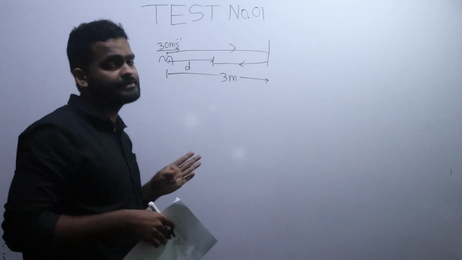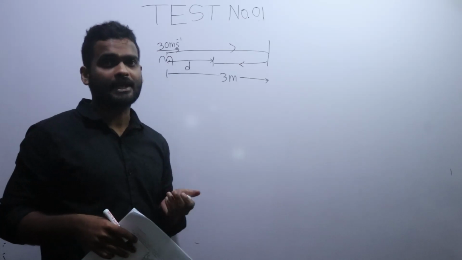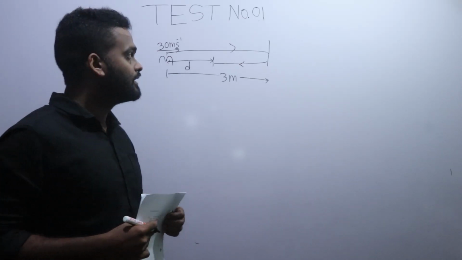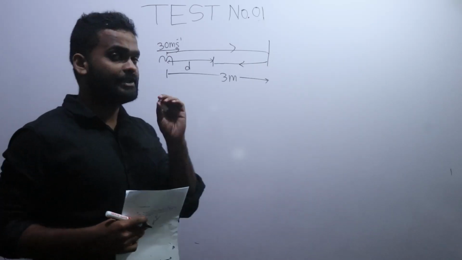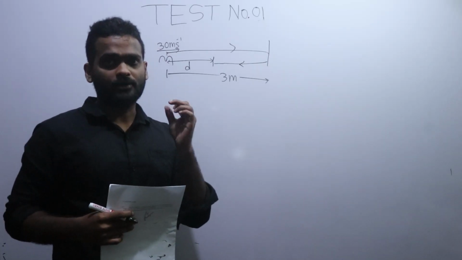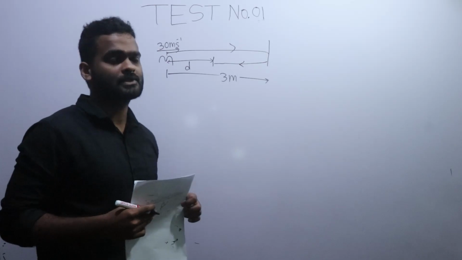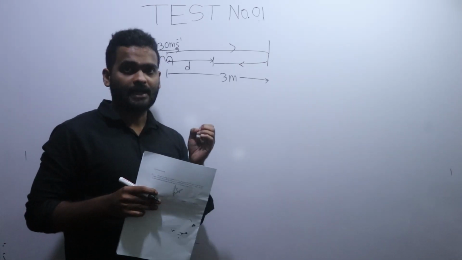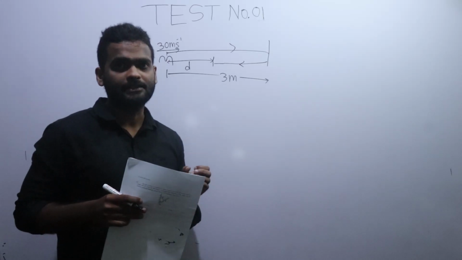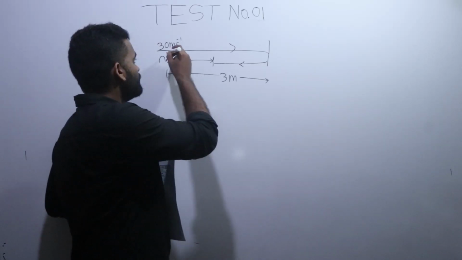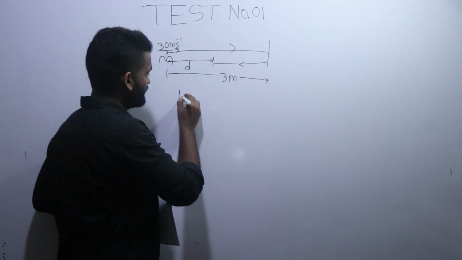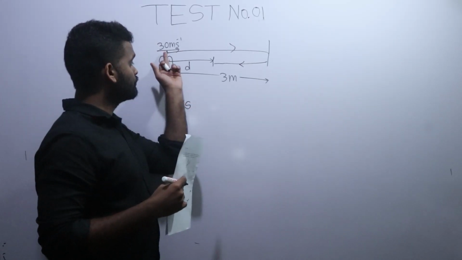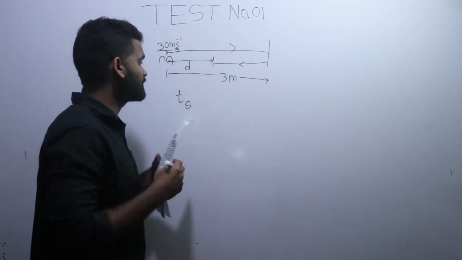So using this data, we have to build an equation. There are many ways you can do that. So we need to get a common point for the bat and the sound. Since both cases are happening simultaneously, we can find the time for the sound wave to move from here to here.